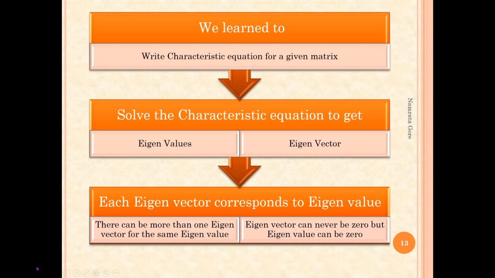Each eigenvector corresponds to an eigenvalue, and there can be more than one eigenvector for the same eigenvalue. An eigenvector can never be 0 but an eigenvalue can be 0.